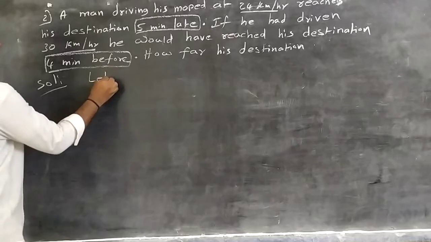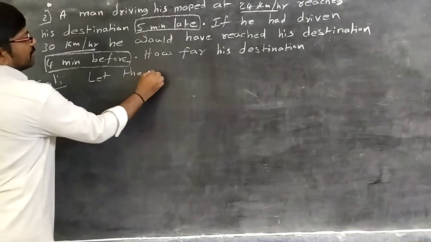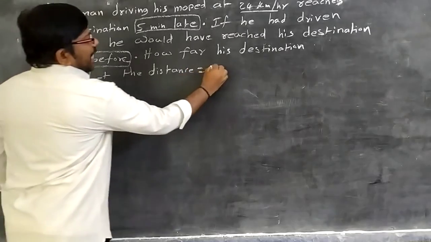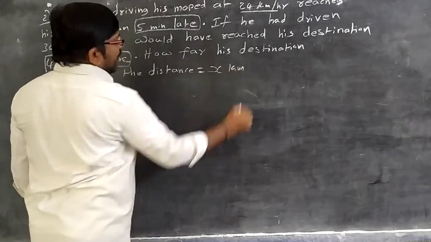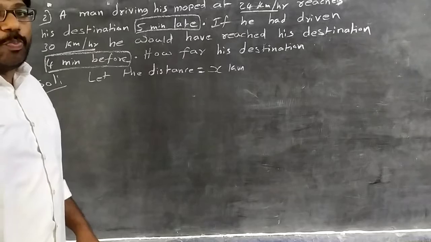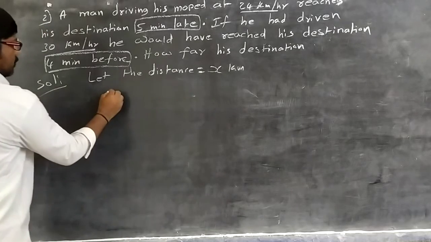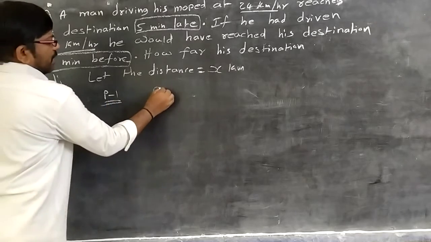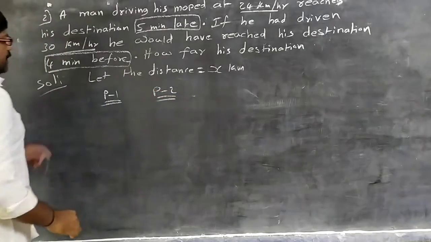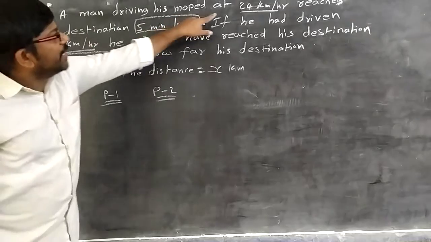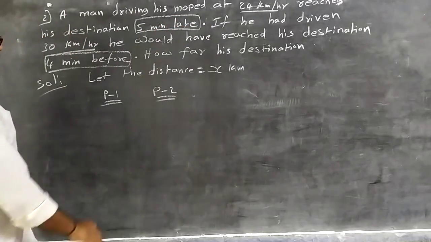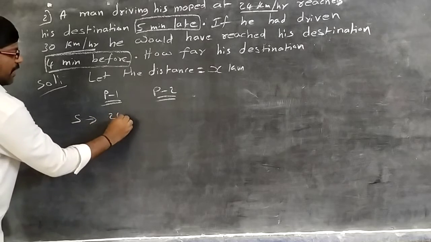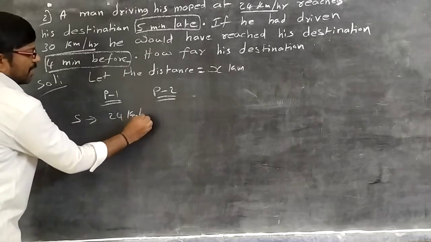Let the distance be x kilometers. So here also there are two parts, part 1 and part 2. In part 1, the speed is 24 km per hour.